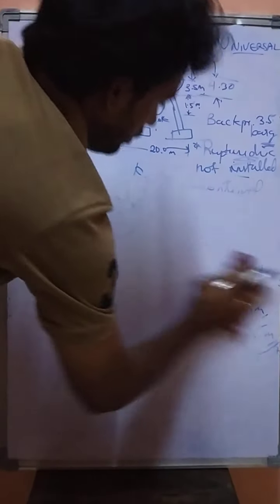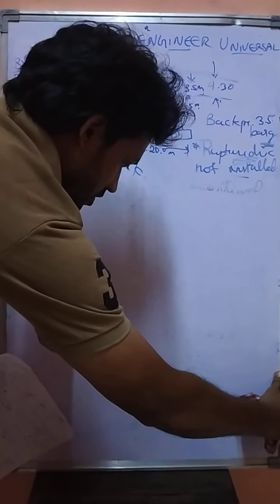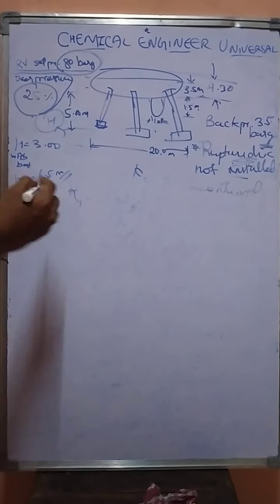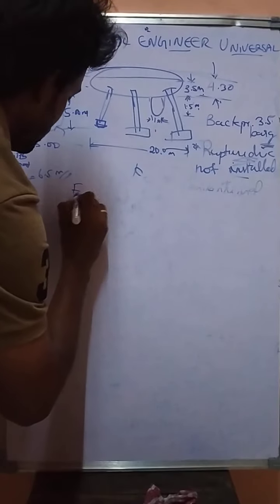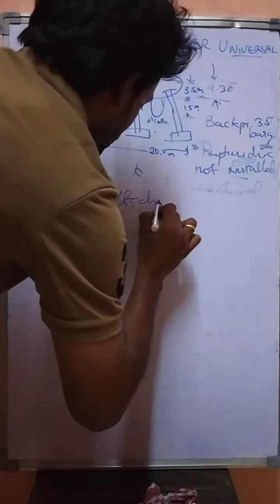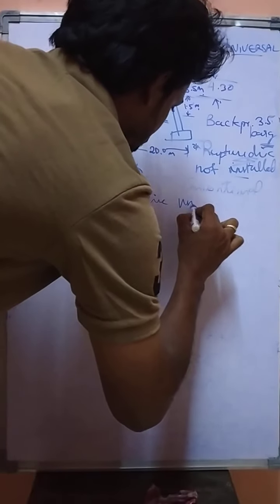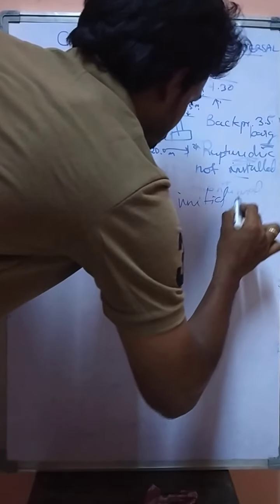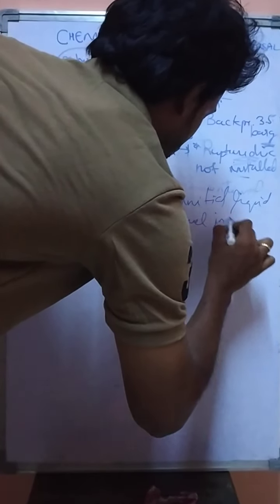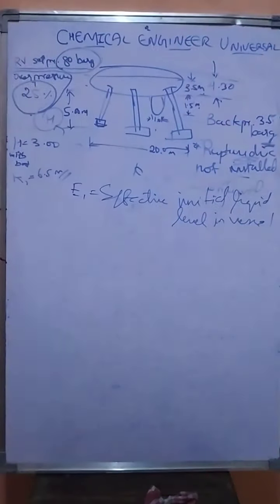So we found out the K1 value. Now we have to find out E1, the effective initial liquid level in the vessel.